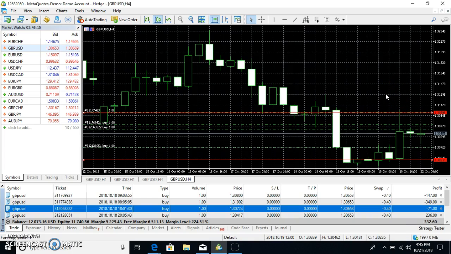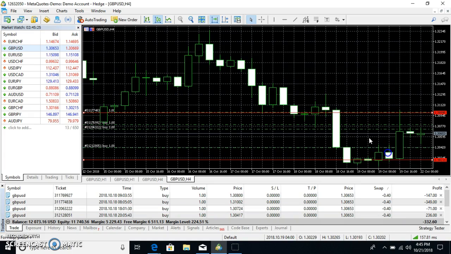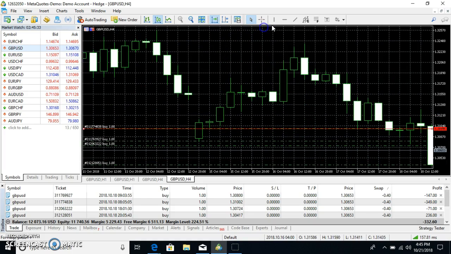But it's the way you manage an account. You don't get stressed when it doesn't move your way, because remember, we're always hitting trades at support levels when we're going up, or we're hitting them at resistance levels. You know, this would be a resistance level.